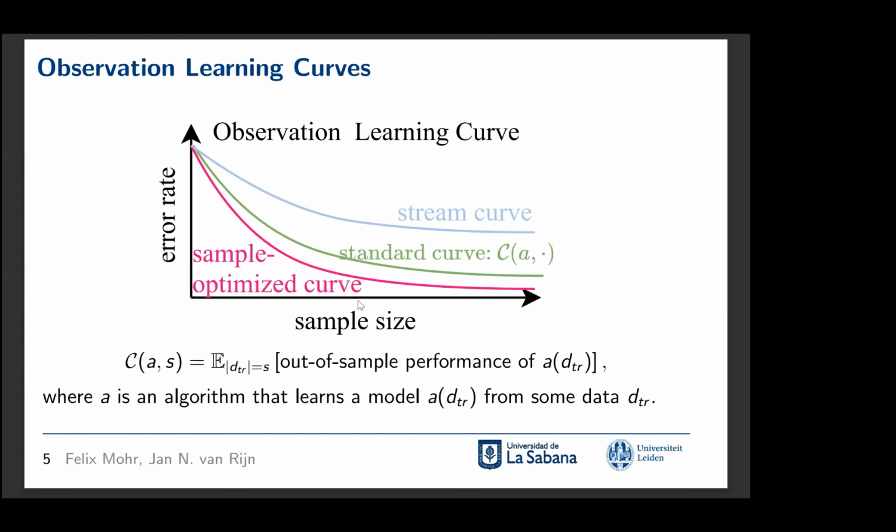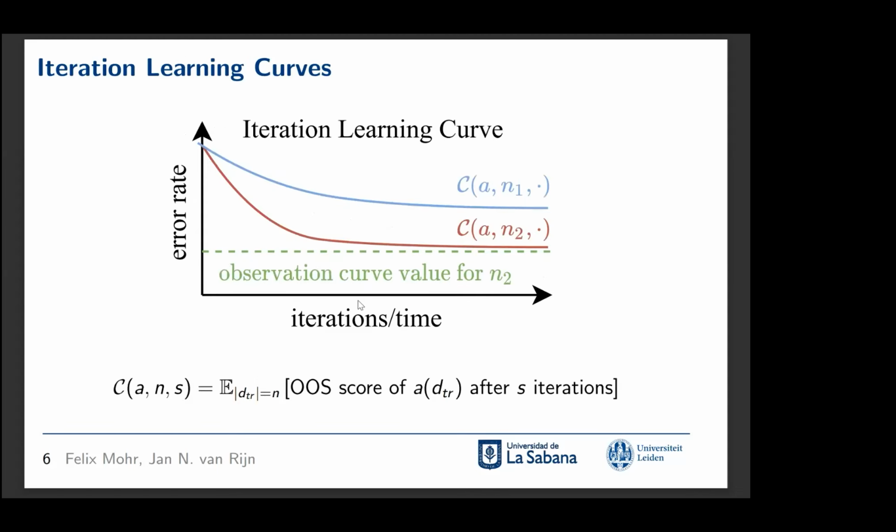Okay, so that's the first type of learning curve, mostly the one that we see in the lectures, but probably not the one that is mostly used nowadays, which is an iteration-based learning curve, as we can see them, for example, in neural networks. So here we have curves that are a function not of 2 arguments, but of 3. So we still have a learner A, but now we have an additional argument; the second argument is still the training size.